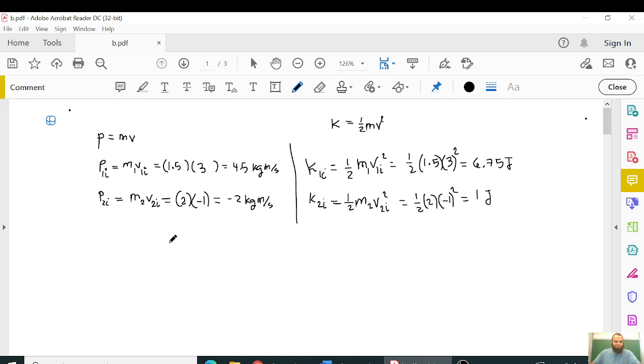Okay, so now it says, what is the initial momentum? P initial. My system consists of 2 masses. So P initial will be P1 initial plus P2 initial. And that's what? Well, it's 4.5 from P1 initial and minus 2 for P2, so I get 2.5.